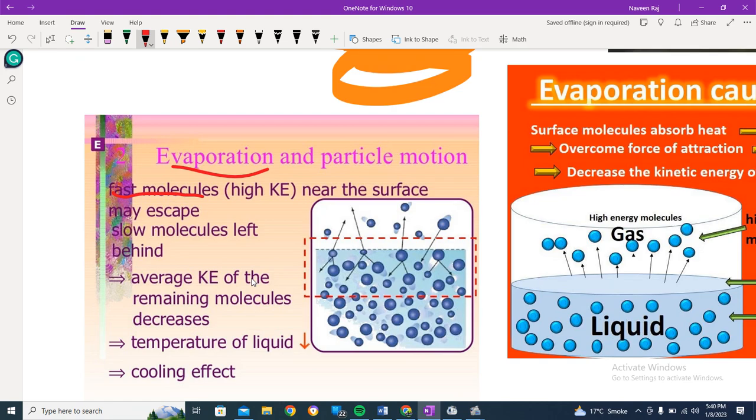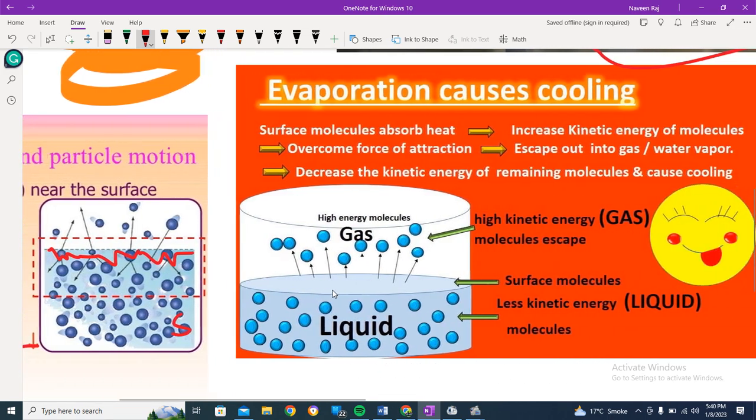Now, the average kinetic energy of the remaining molecules decreases. Yes, this is a cooling effect, because the topmost, high energy molecules get released. Now you can see that the remaining ones are slow, and the average gets slower when the topmost molecules get released, and the temperature of the liquid goes down. It is a cooling effect, as I've shown you.